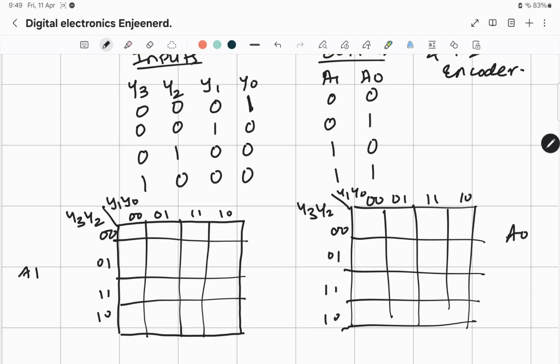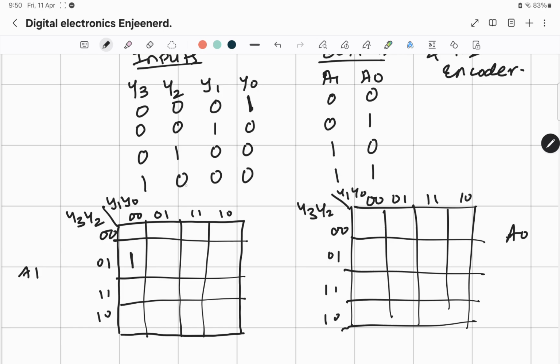Okay, so let's take A1 first. If you see, A1 is 1 for y3 0, y2 1, y1 0 and y0 0. So y1, y0 are 0 0 here and y3 is 0 and y2 is 1 here. So this should be 1, right? So I will mark this box as 1.